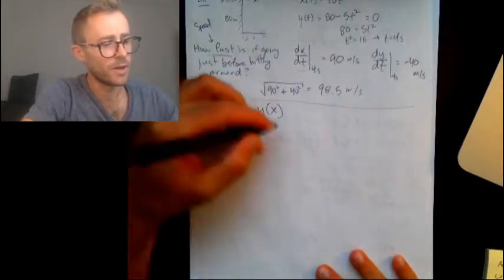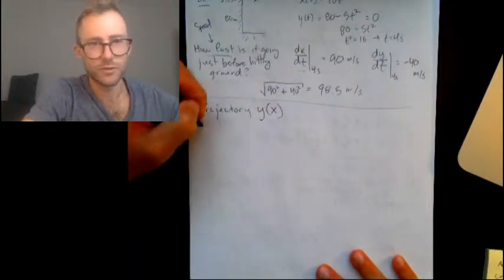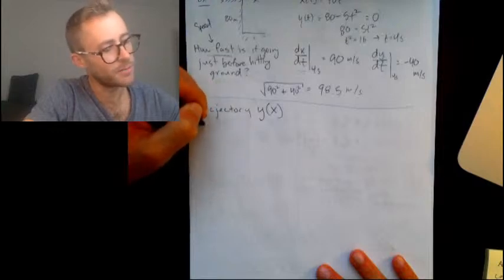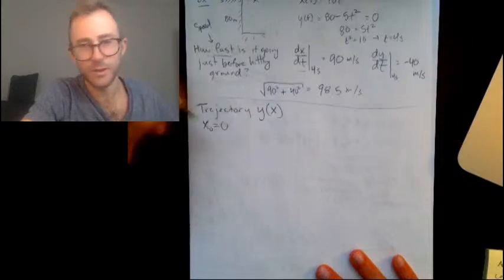So when I solve this, I'm going to go ahead and say that it's launched from x naught equals 0.